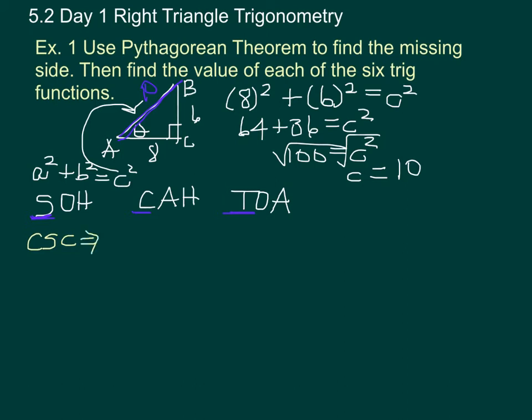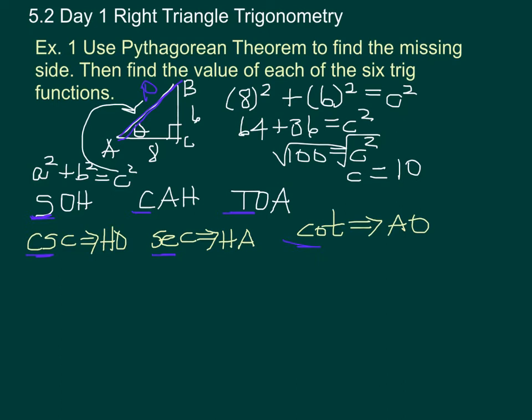That ratio is hypotenuse over opposite. Cosine's reciprocal is secant, and we abbreviate it SEC, and that's hypotenuse over adjacent. Tangent's reciprocal is cotangent. We abbreviate it COT, and that's adjacent over opposite. So we do have 6 trig functions that we're finding.